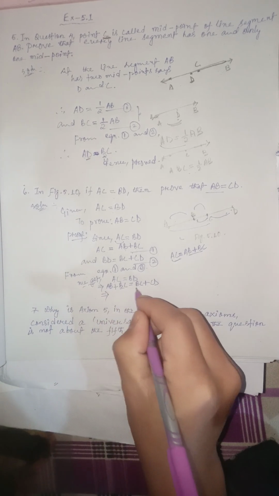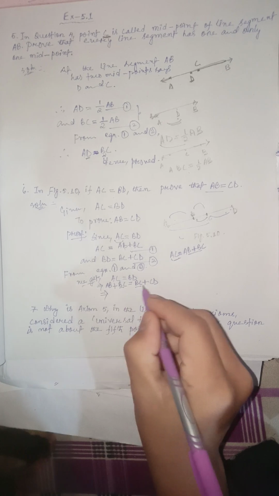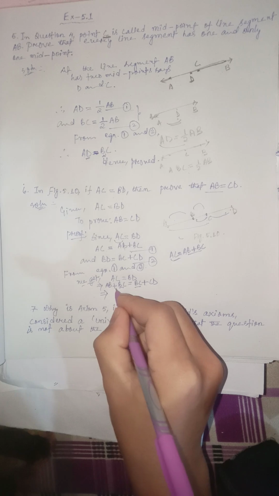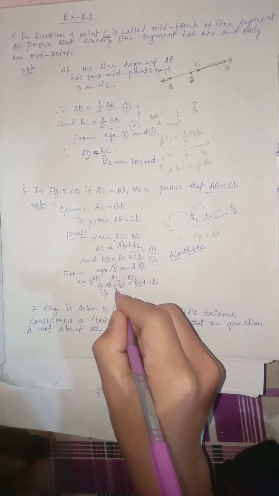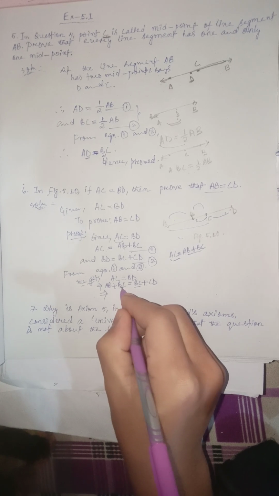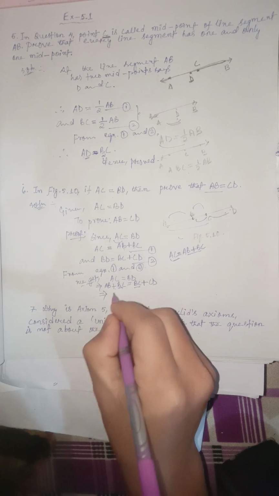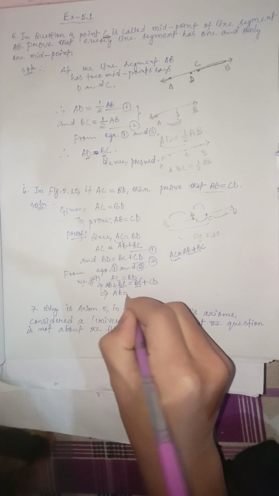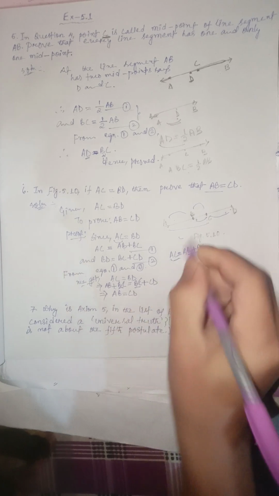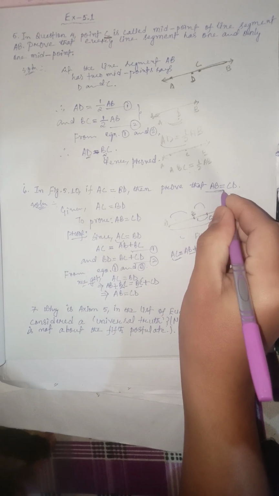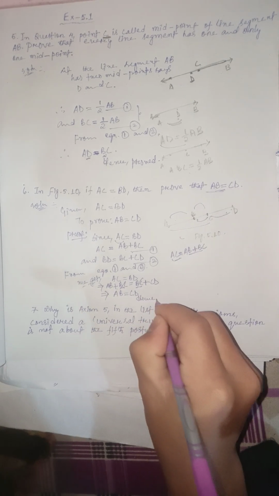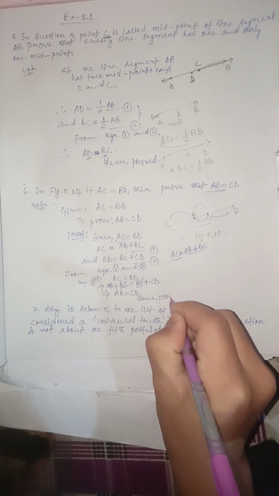Here we have BC, here we have BC. If we bring this BC to this side, then the sign will change, and subtracting the same thing from the same thing will give you 0. Thus we can cancel this, and AB is equal to what will it be? It is CD, which we had to prove, right? We can conclude like this, hence proved.